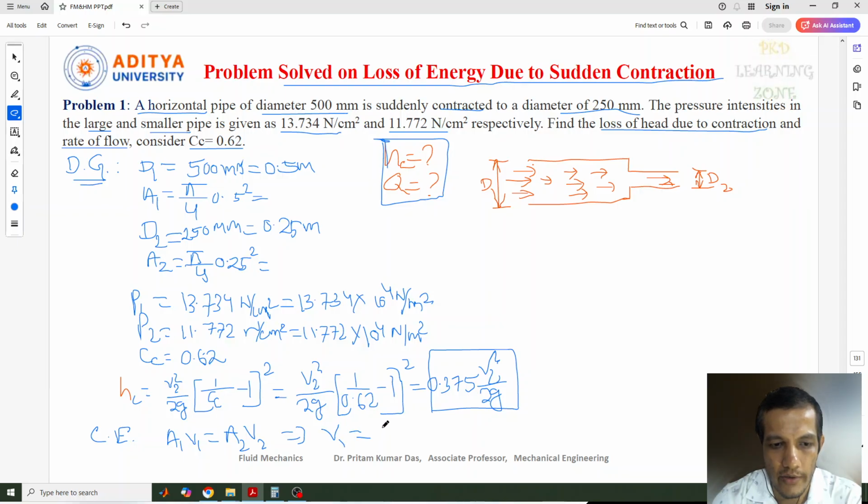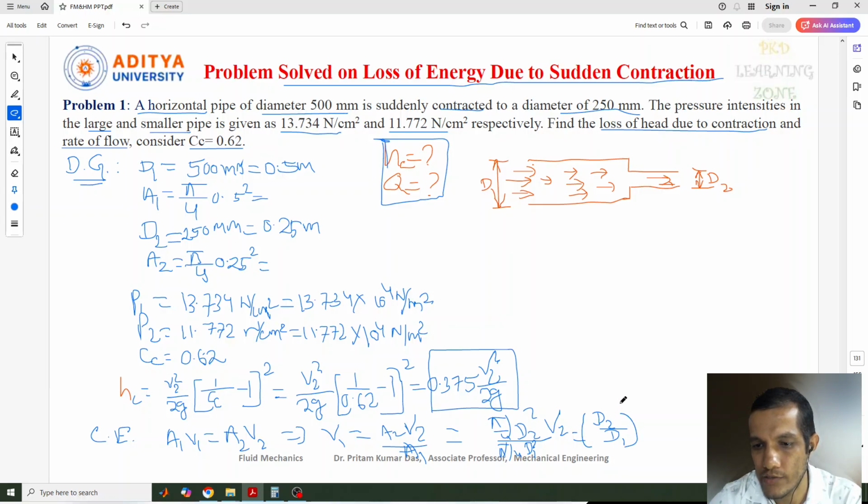So what we will do here is write this equation in terms of one single value. V1 equal to A2 V2 by A1. Now I'll put the value of pi by 4 d2 square, and in the denominator pi by 4 d1 square, into V2. So pi by 4 will be cancelled, and we can write this as (d2 by d1) whole bracket square into V2.